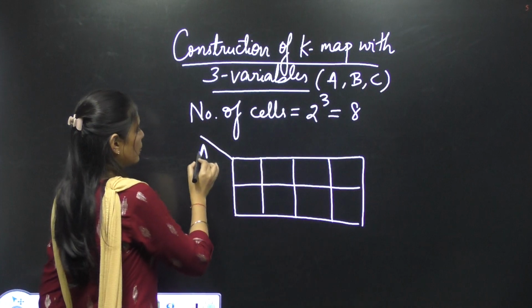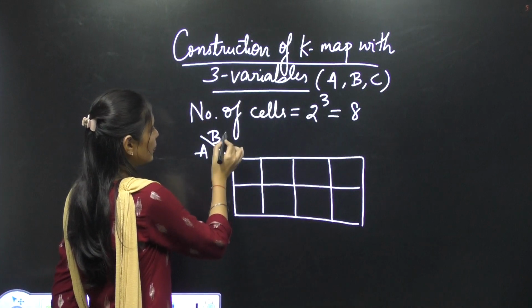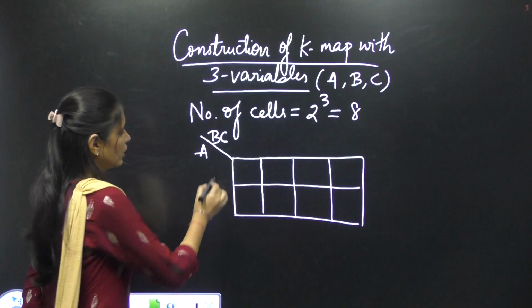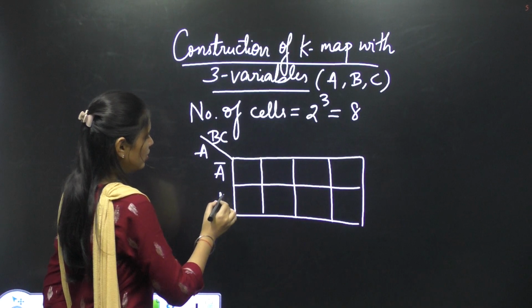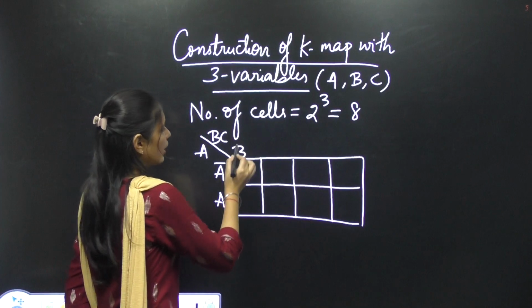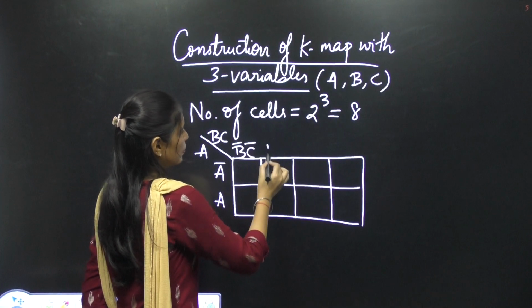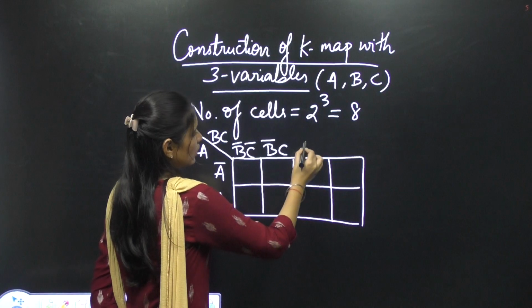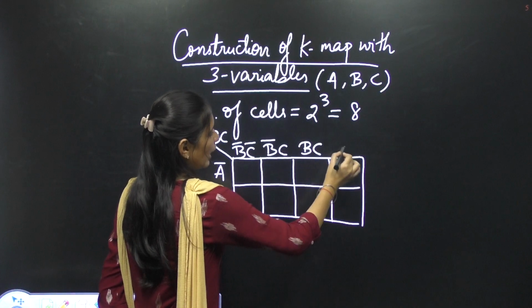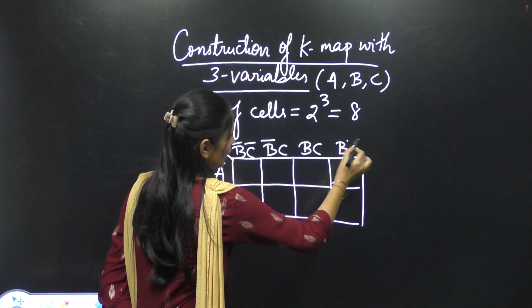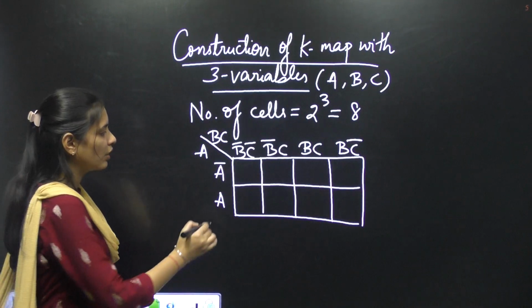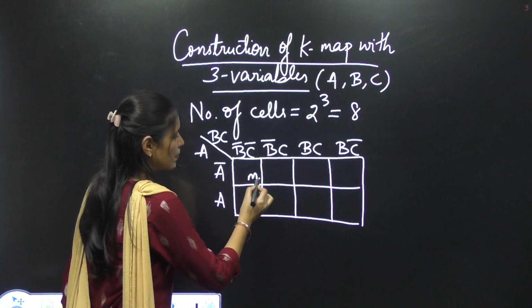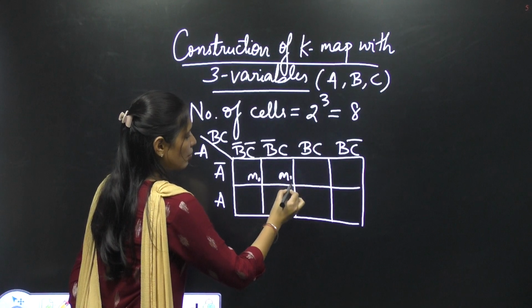This is my variable A, and I will have B and C together here. This will be my A bar, this is A. This will be B bar into C bar, B bar C, this will be BC, and this will be B into C bar. To represent the min terms in the cells, I will denote this one as M0, this will be my M1.